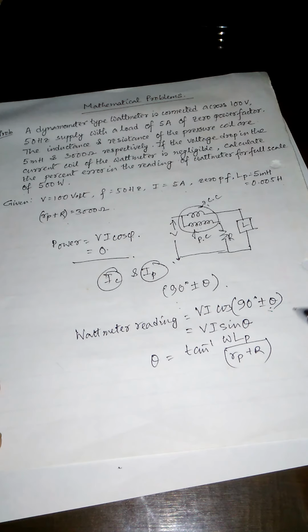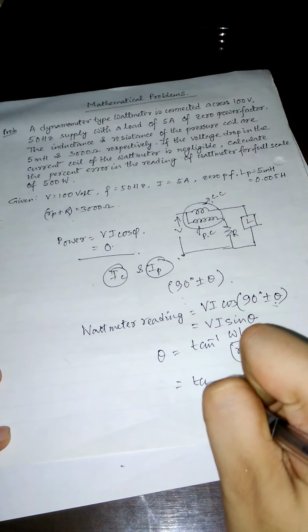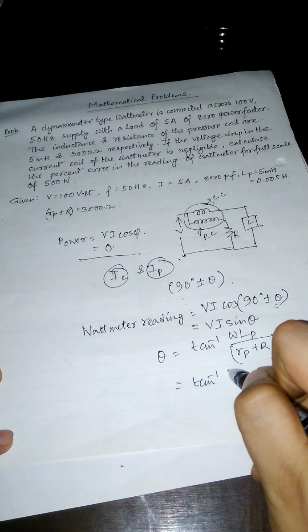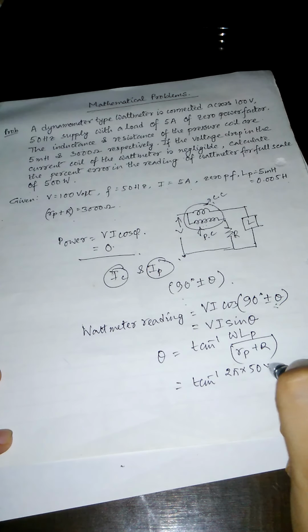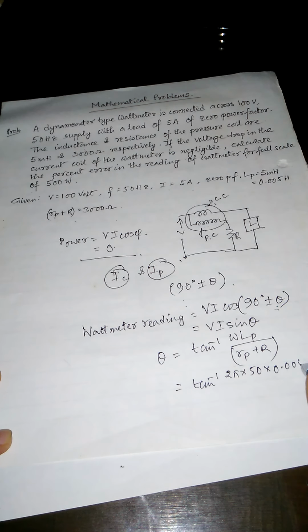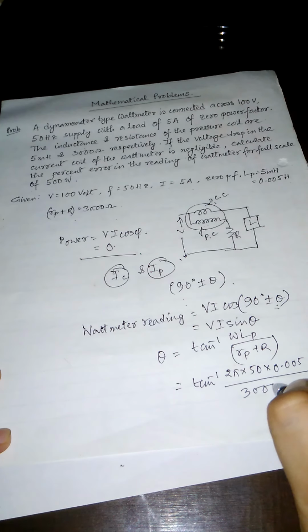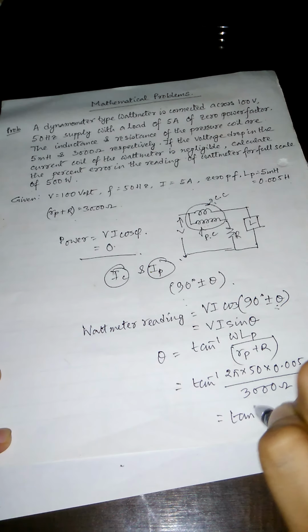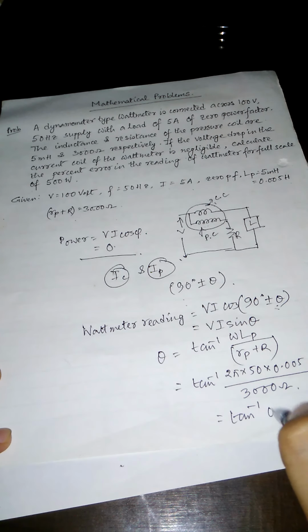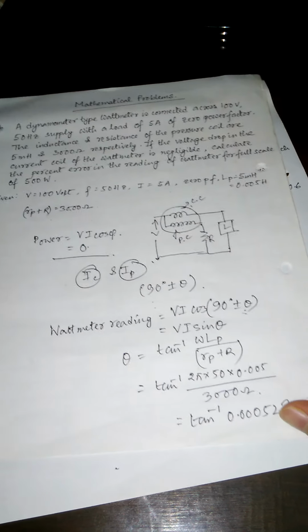Omega is 2 pi F, so 2 pi FL, where F is 50 Hertz, LP is 0.005, and RP plus R is equal to 3000. If you calculate, that is tan inverse of 0.000523, that is the value of theta.